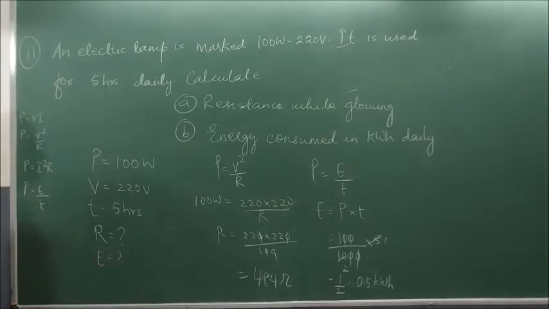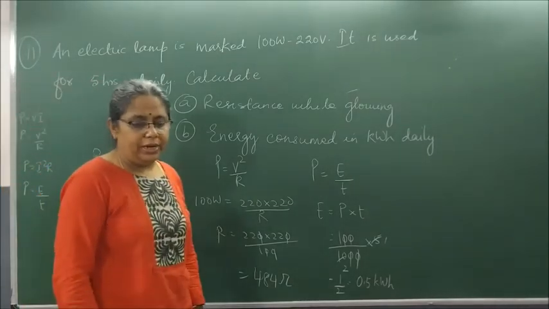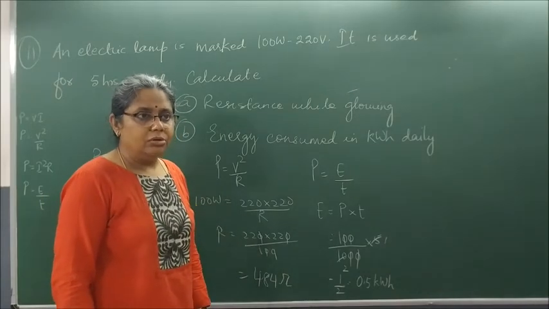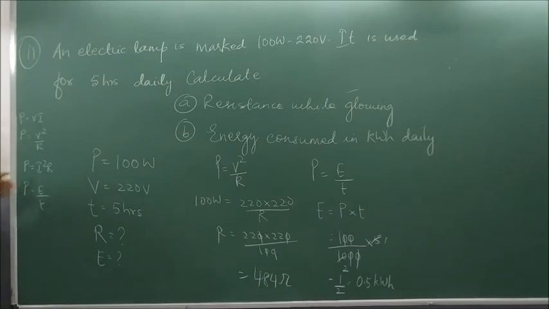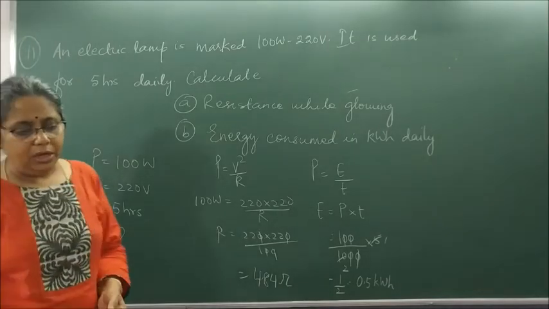So the total energy consumed in kilowatt hours daily is 0.5 kilowatt hour. Understood? Simple, but always understand these formulas, you should know them. If you don't know these formulas, then you will end up in a mess. So please always write on the side which formulas of power we know.